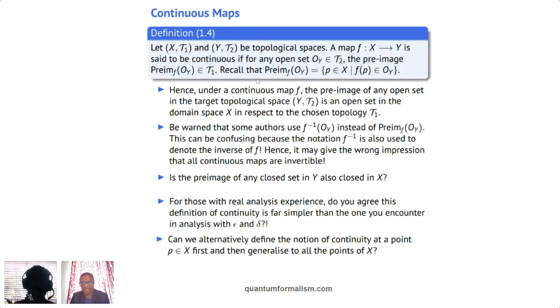Remember set theory 101. This is how pre-image is defined. If you don't remember what a pre-image is, here's a definition of it. This is set theory stuff.